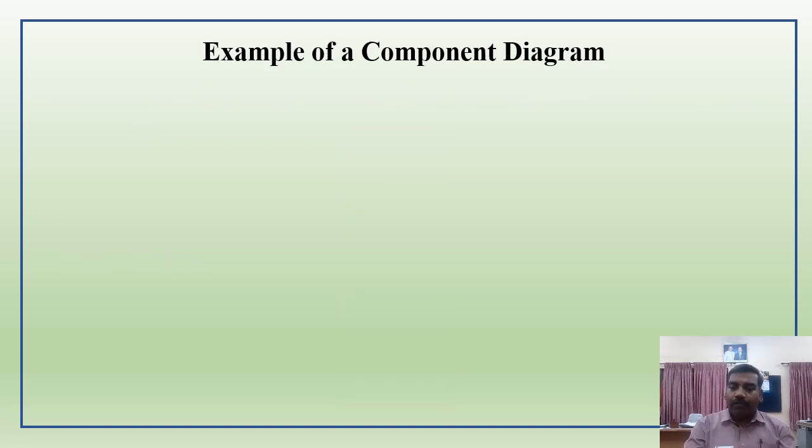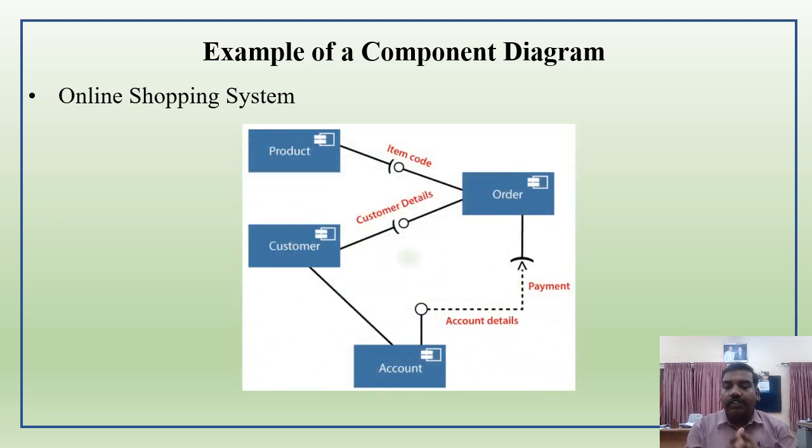So we'll go for an example. We'll have an example for an online shopping system. For an online shopping system, you need to identify what the actors are and what things will be available. For buying a product online, you will be the customer, and there is the product you're planning to buy.